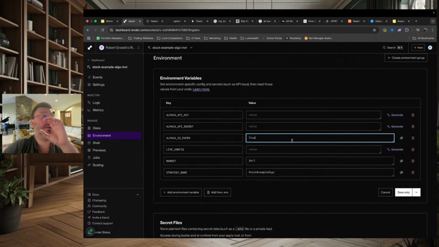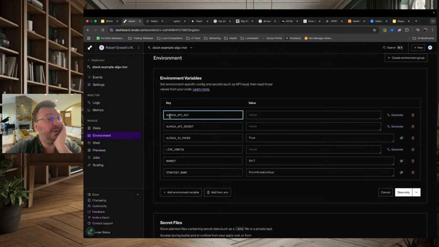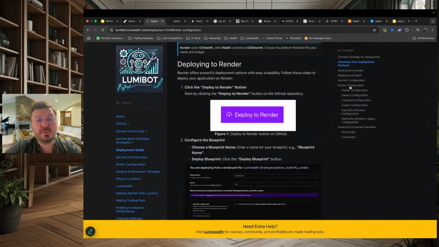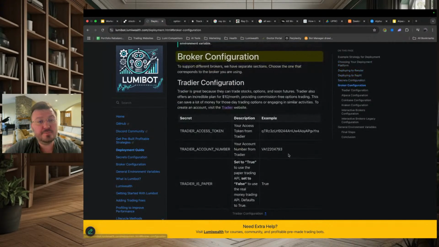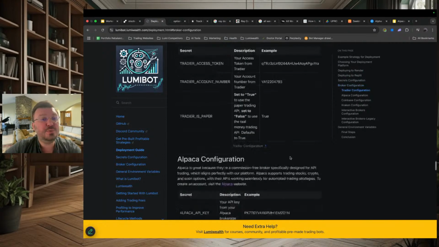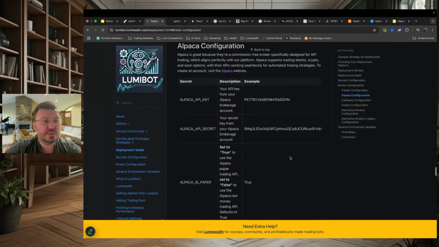Now, also, I told you guys earlier that if you want to run on different brokers, I'll tell you when to do that. That's basically here, okay? So this, you can see, is set up to run on Alpaca: Alpaca API key, Alpaca API secret, Alpaca is paper. If I want to run this on a different broker, you could pop over to our deployment guide, go to broker configuration, and now you see each broker has different things in here. So here's Alpaca: API key, secret, paper.